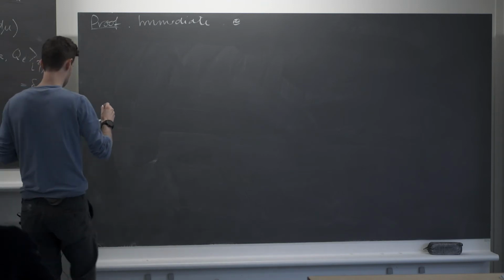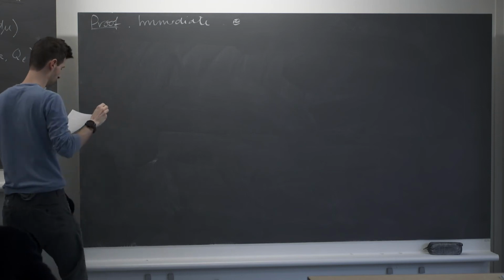Okay, so let's now actually do what we were talking about. Let's really integrate out all but k of these variables, and this leads to these k-point correlation functions.